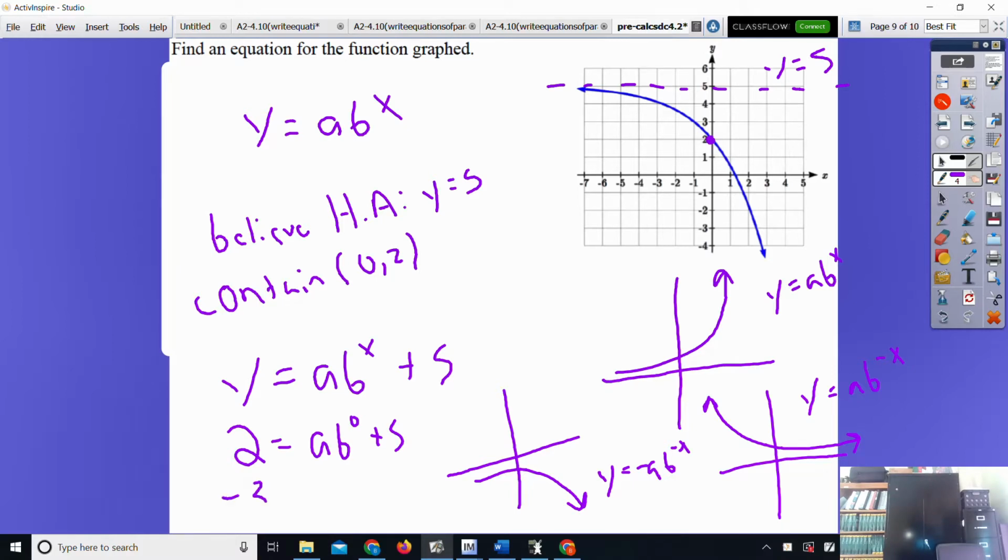That'll give us y equals negative 3b to the x plus 5. Negative 3, thank you.